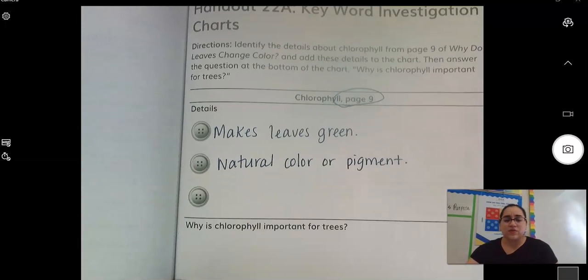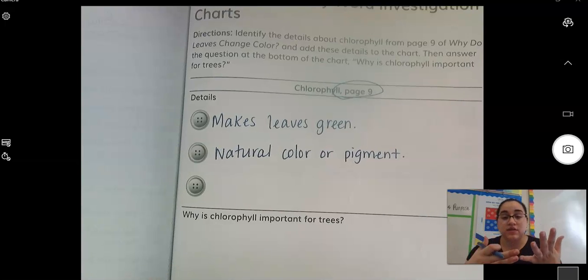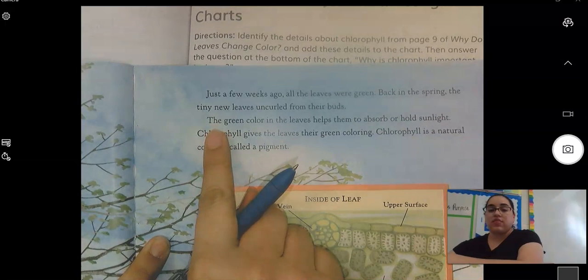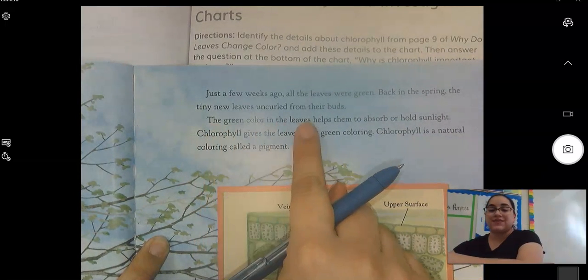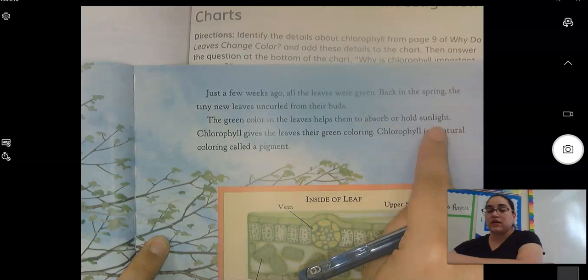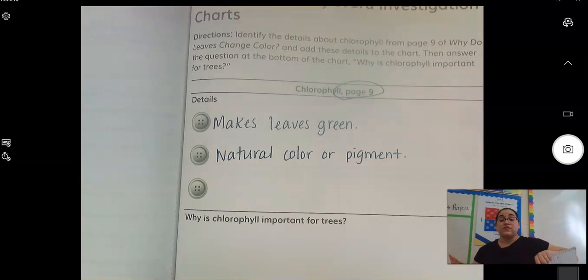Now, why is chlorophyll important for trees? If we know that it makes the leaves green and it's a natural color or pigment, why is it important? Let's go back. What does it do? Look, the green color in the leaves helps them to absorb or hold sunlight. So if chlorophyll is the one that causes that green color, chlorophyll is important because it helps the leaves absorb sunlight, right?